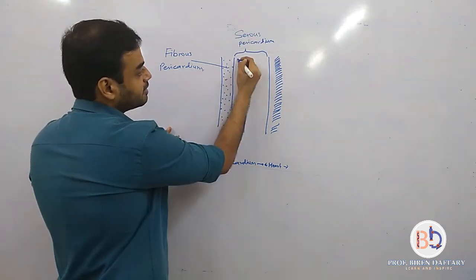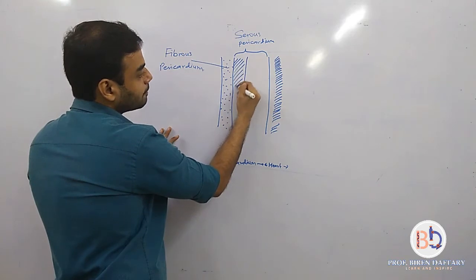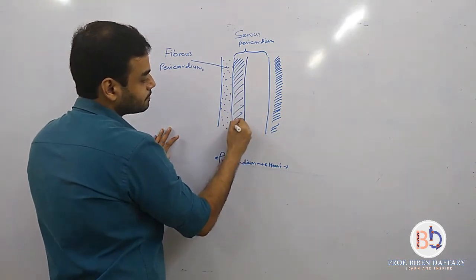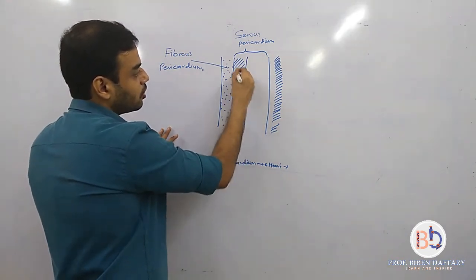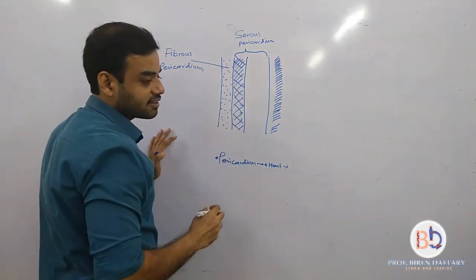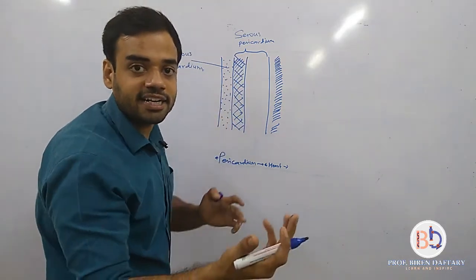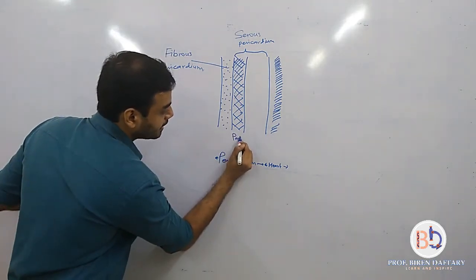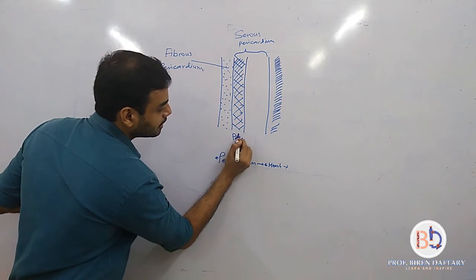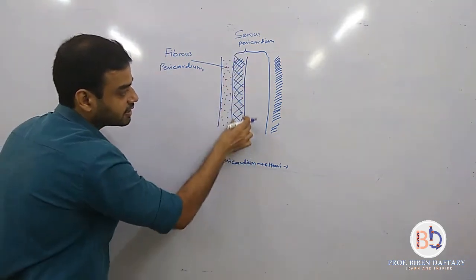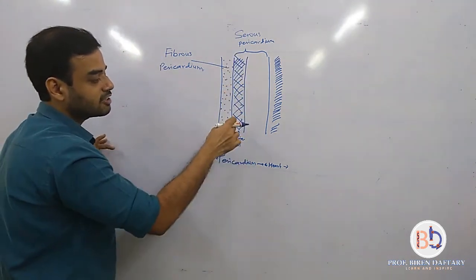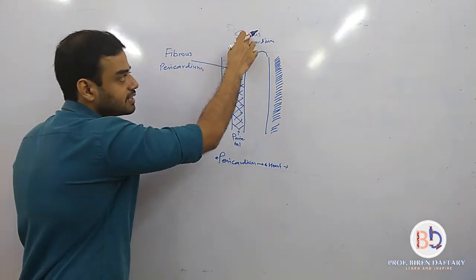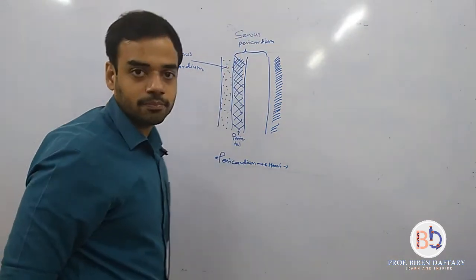The outer part is called the parietal part. Parietal means outside. So I am writing this as parietal. If I ask you what is the name of this part, it is called parietal serous pericardium.